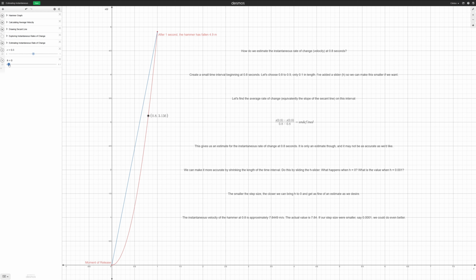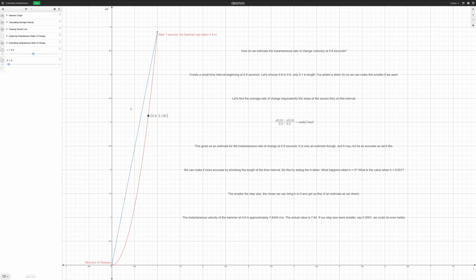Now, why do we get undefined if we bring those 2 points together? One way to think about it is purely from a geometric point of view. Normally we're trying to find the slope of a line connecting these 2 points. If h is 0, h is the separation. If there's no separation, then the 2 points overlap.